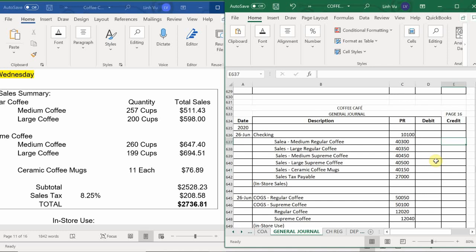So our sales: medium coffee is $511.43. Large regular coffee is $598. Medium supreme $647.40. Large supreme $694.51.